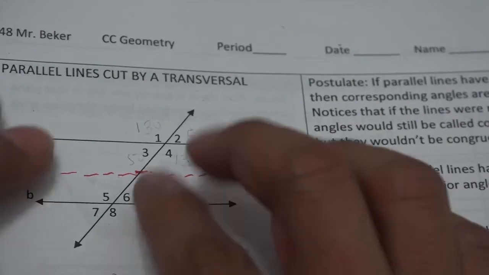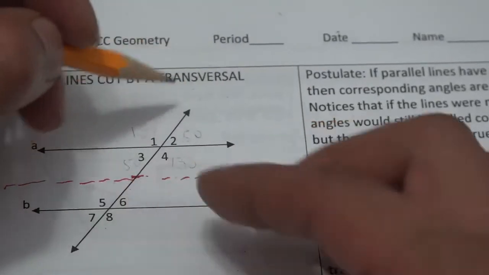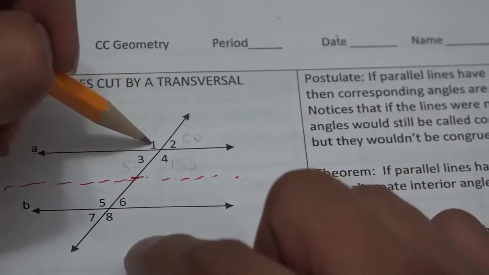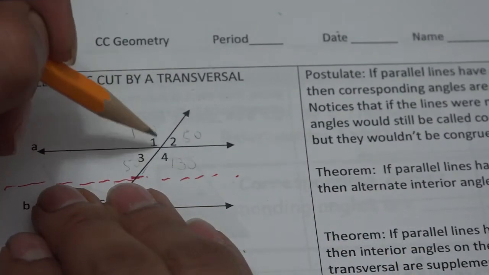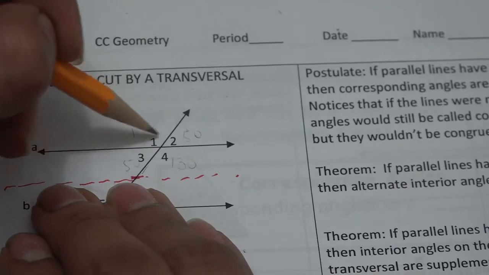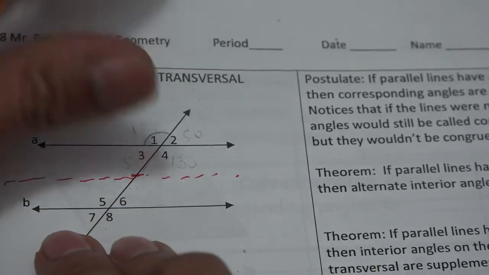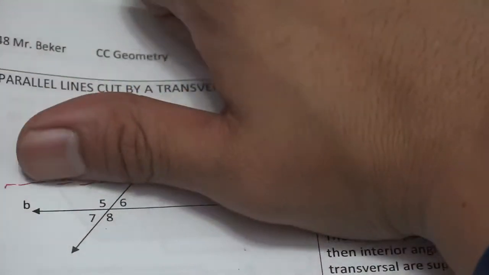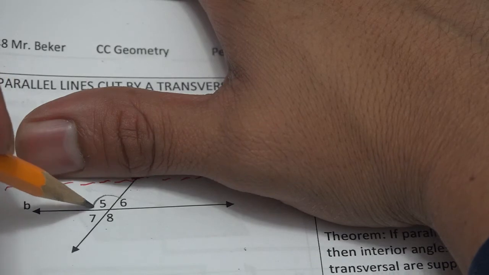See that? Okay then. So if I was to be on the same relative position as angle 1, look at where angle 1 is. It's on the upper left of the intersecting lines. So which angle is on the upper left of these intersecting lines? See that?